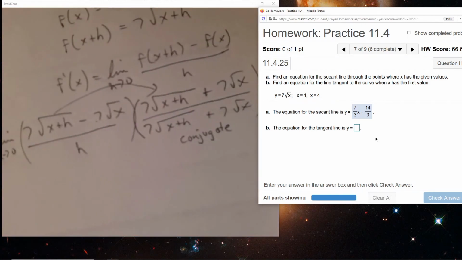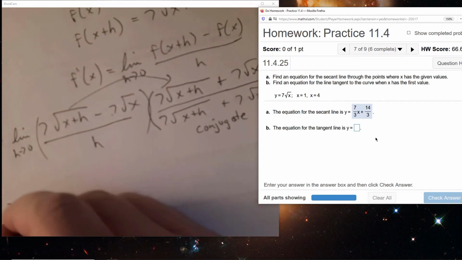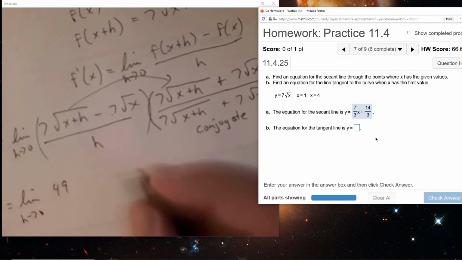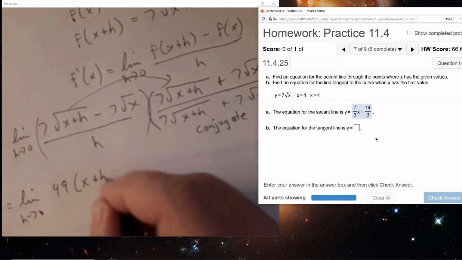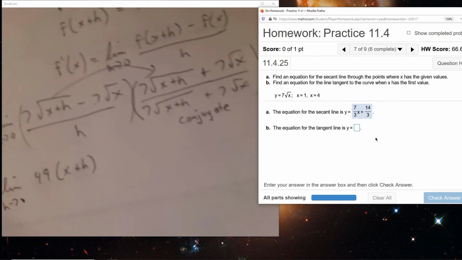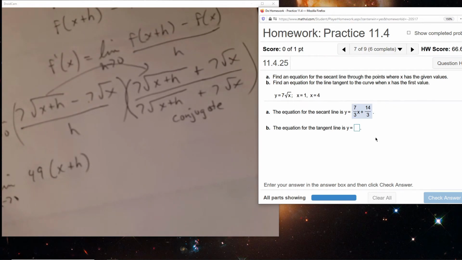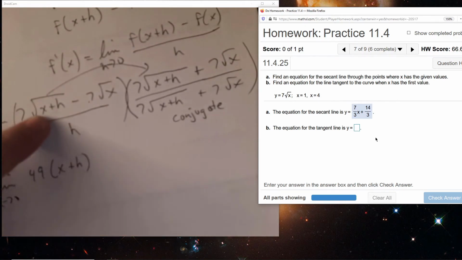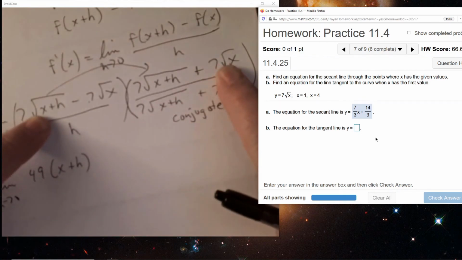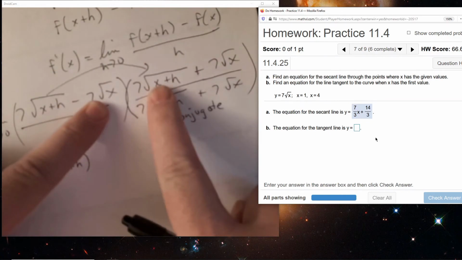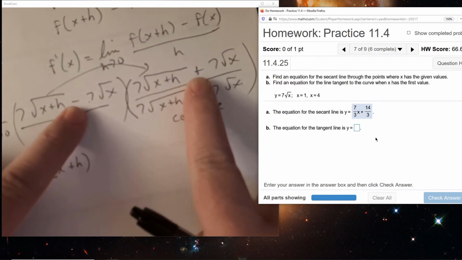So if we multiply these two together, 7 times 7 is 49, and square root times the square root gives us just what's underneath the square root there. Now what I'm saying is this times this is exactly the same as this times this. The only difference is one's plus and one is minus, so they always subtract out.